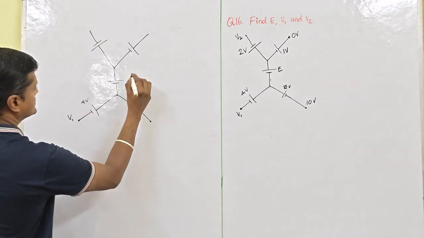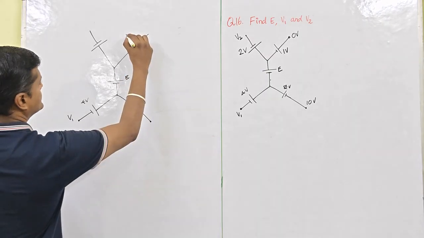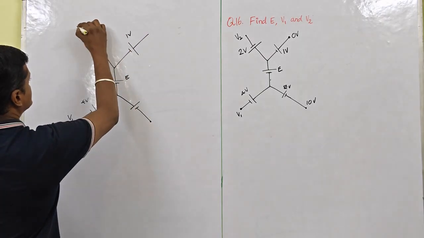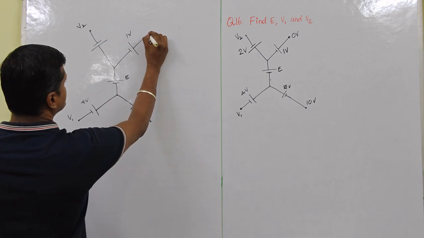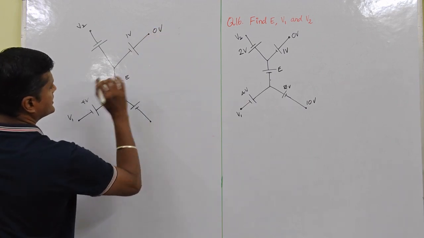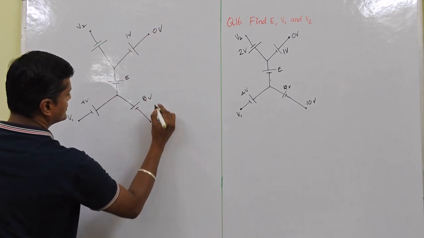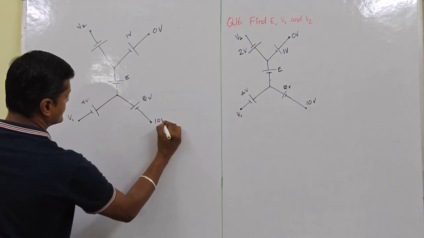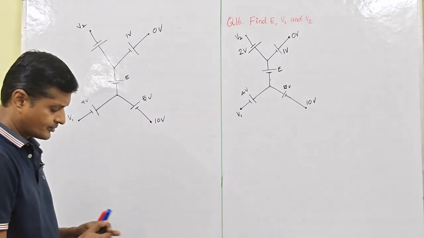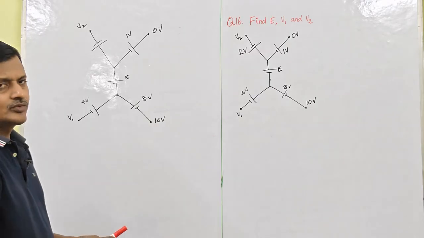This is 4 volt. E is 1 volt and V2 find பண்ணனும். இங்க this is 0 volt. E is 5 volt. இங்க கொடுத்திருக்கிறது 10 volt. ஓகேங்களா? Right. First you have to mark the polarity.